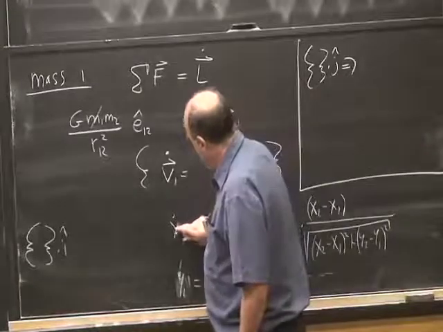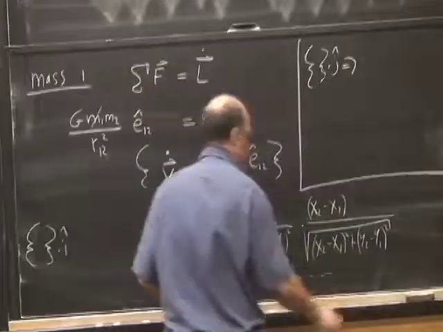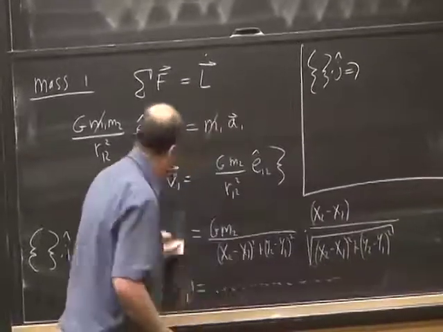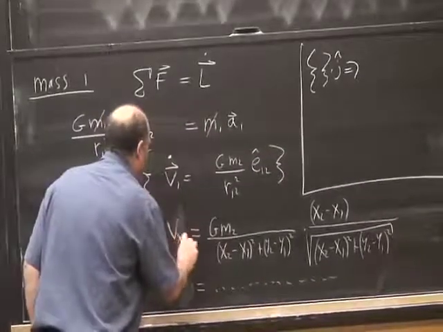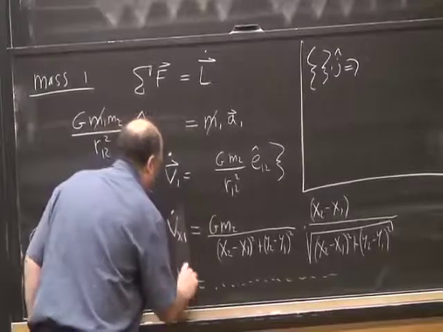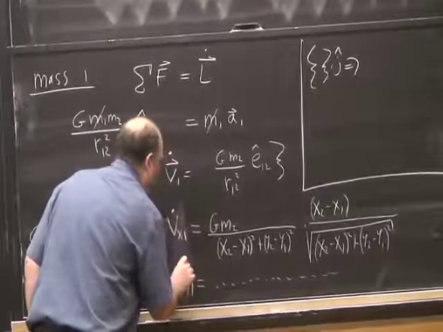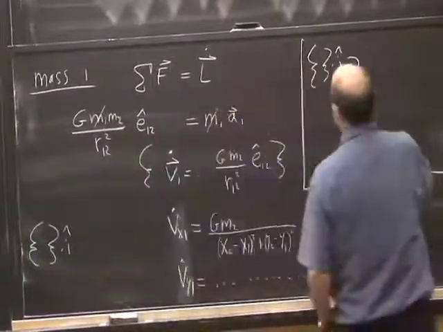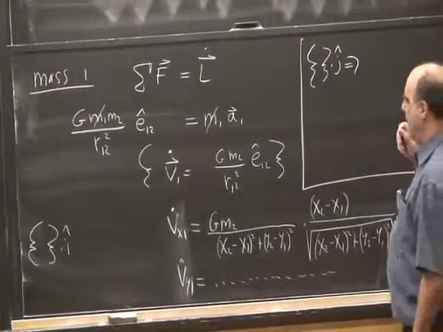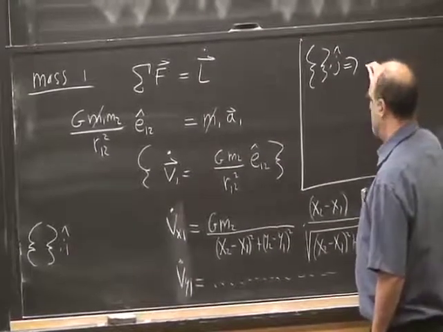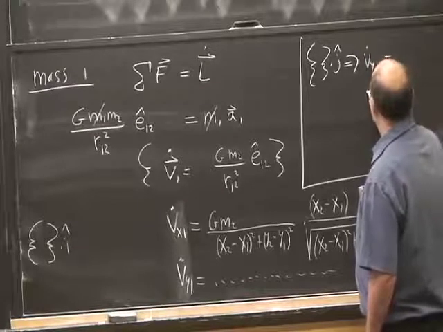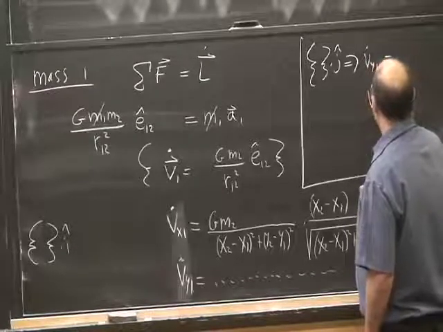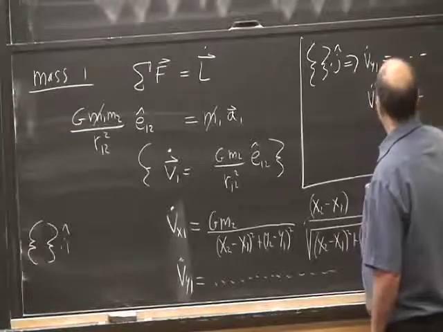This is a vx1 dot, and this is a vy1 dot. And we can dot with j, and we get very similar things. We get vy1 dot is equal to, and vy2 dot is equal to.